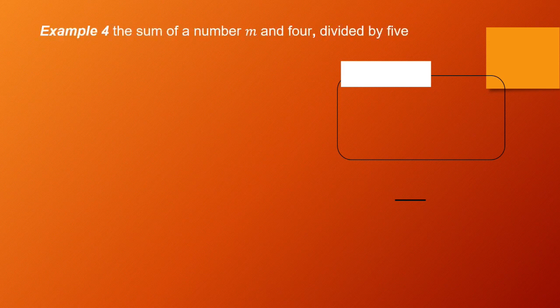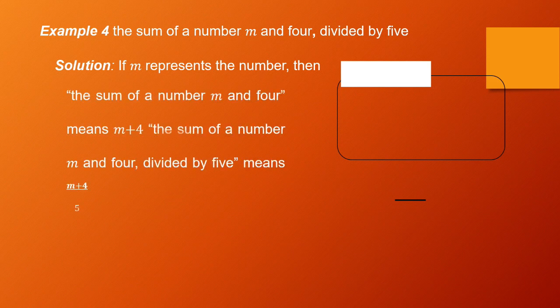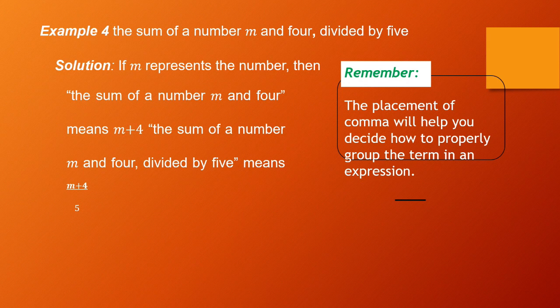The sum of a number m and 4 divided by 5. If m represents the number, then the sum of a number m and 4 means m plus 4. The sum of a number m and 4 divided by 5 means m plus 4 over 5. But remember, the placement of the comma will help you decide how to properly group the terms in an expression.